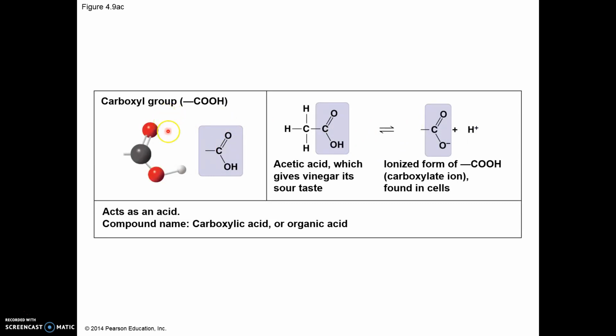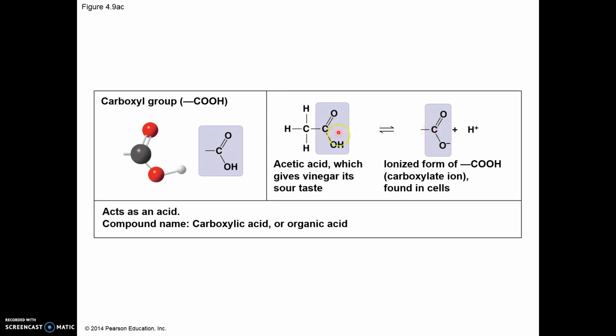Here we have the carboxyl. Again, this is a combination of the carbonyl with the hydroxyl. This has a unique aspect that with these two electronegative centers, this proton can actually become ionized. And in around pH 7, it would be ionized.